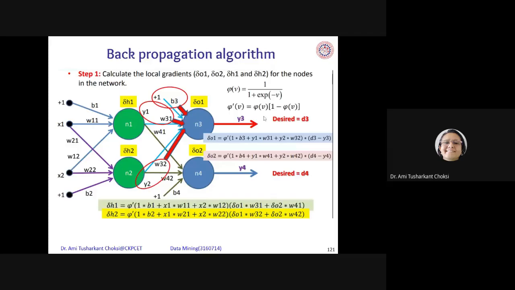What does that mean? It means the error. What is the error? It is the difference between the actual output and the desired output, right? So that's what we need to propagate, and that we need to find at each and every layer.